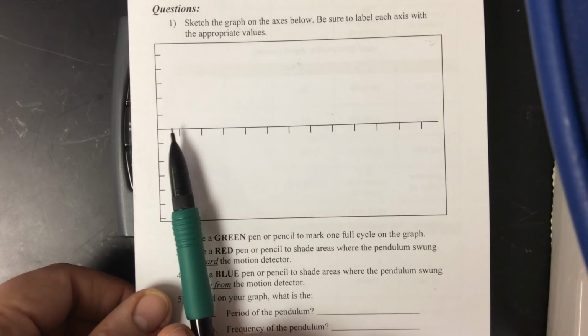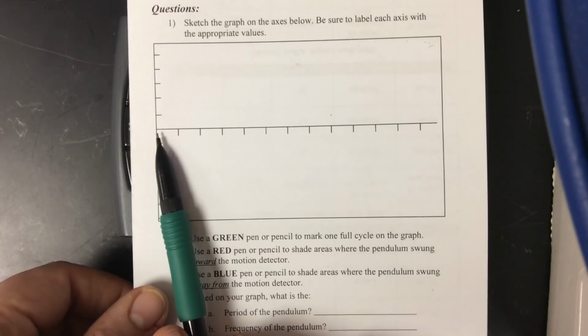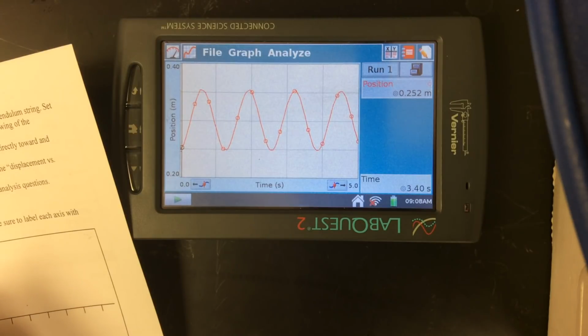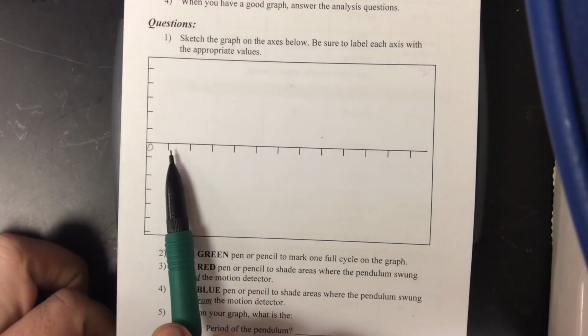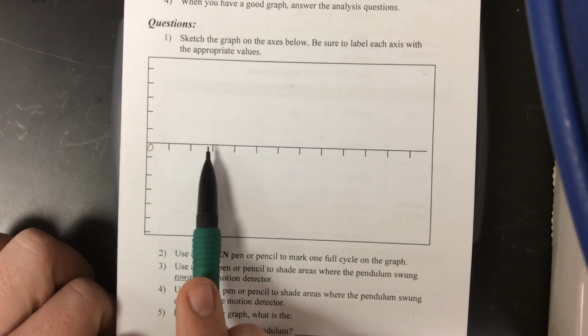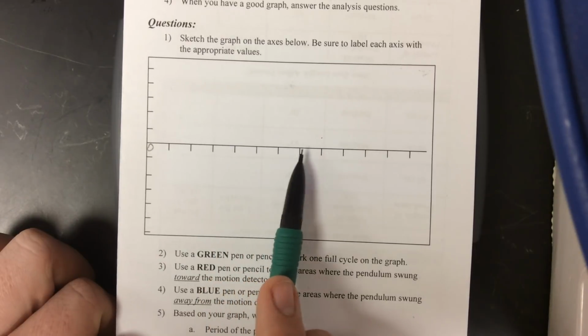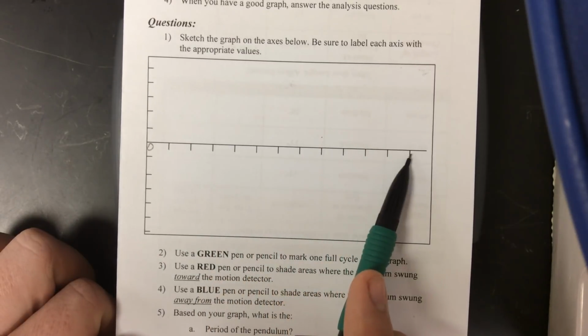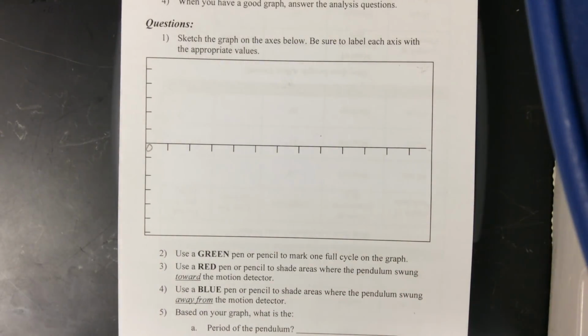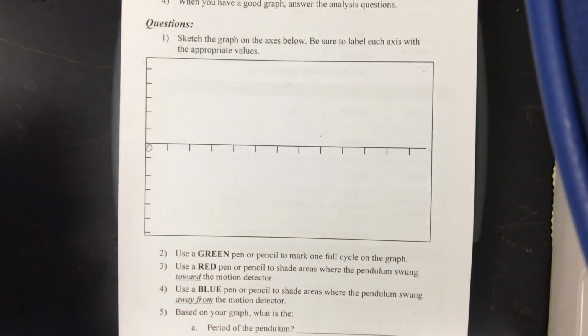So I can go ahead and label this corner over here as 0 for time. And then I want to go up. So I'm going to count my lines. 1, 2, 3, 4, 5, 6, 7, 8, 9, 10, 11, 12. And I can count this as 13. So I have 13 lines.